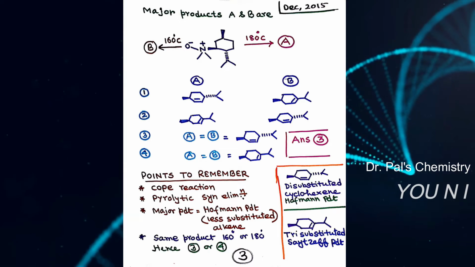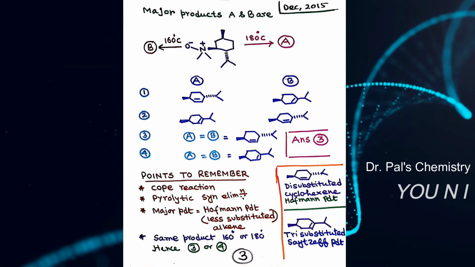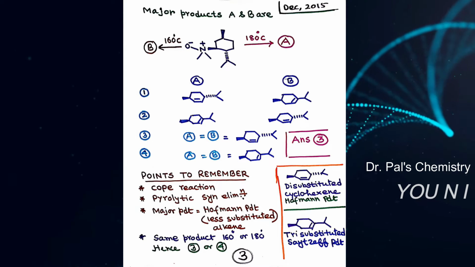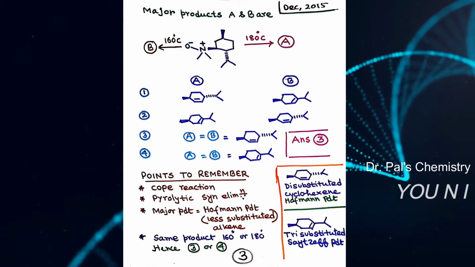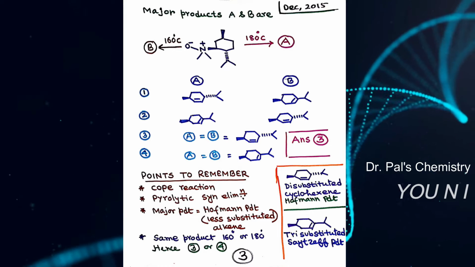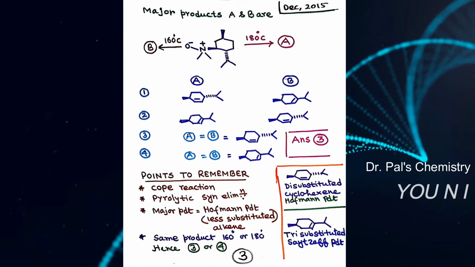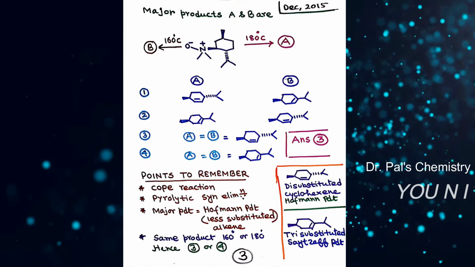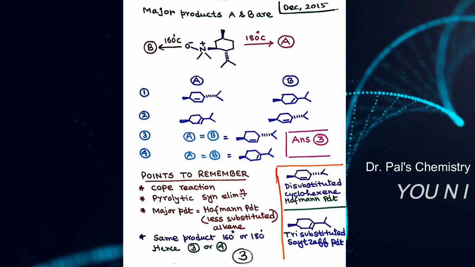So this is a characteristic of this Cope reaction, which is an example of syn elimination. And another characteristic of the Cope reaction is that the Hofmann product forms, means the Saytzeff product will not form. We know the Saytzeff product means the thermodynamically more stable, more substituted product, which will not form here. The Hofmann product will form, which is thermodynamically less stable, the kinetically controlled product.